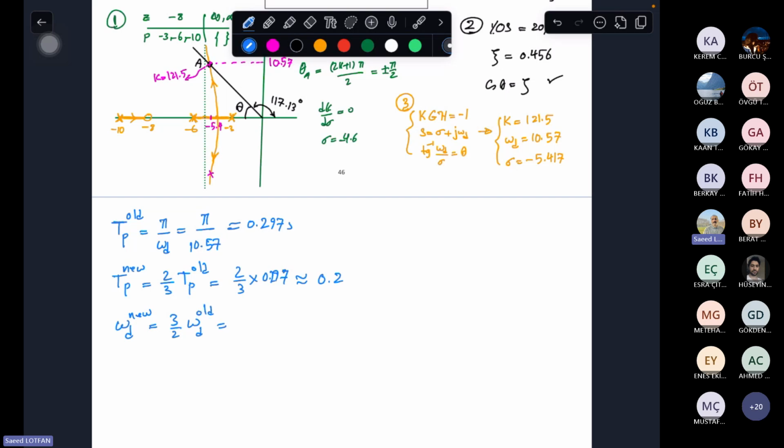So let me find the calculator. This means that 10.57 multiplied by 3 over 2 should be like 15.85 radians per second.